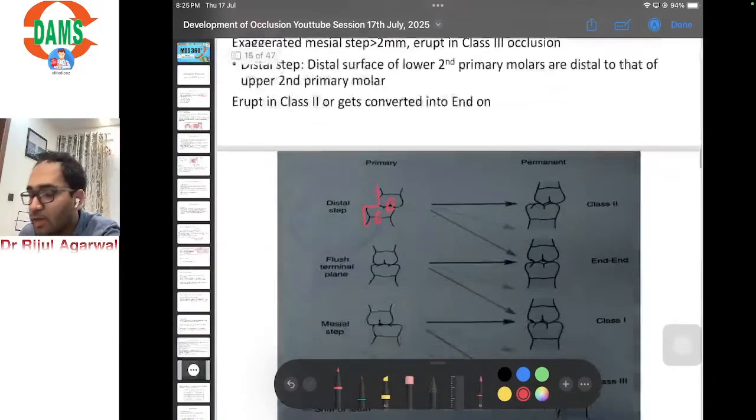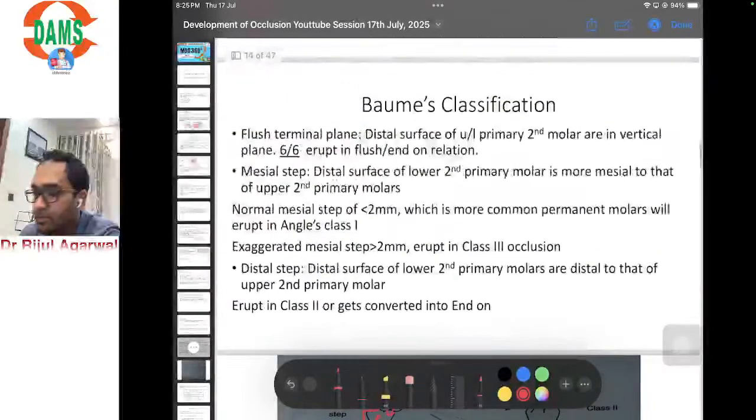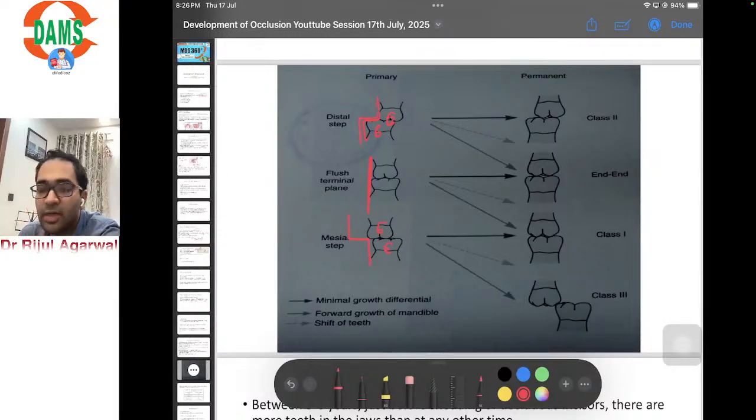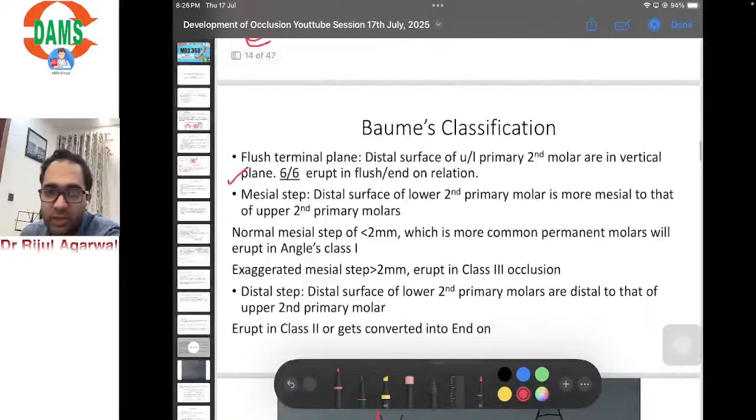The distal margins are flush, in the same vertical plane. Mesial step: the distal margin of the lower E is ahead of that of the upper E, so there is a mesial step. And distal step: the distal margin of the lower E is behind the distal margin of the upper E. Very easy to understand.